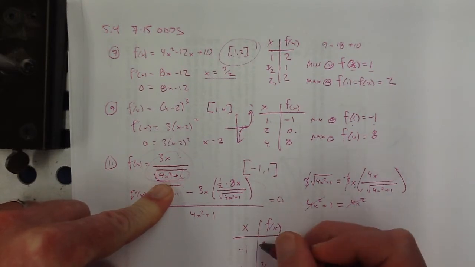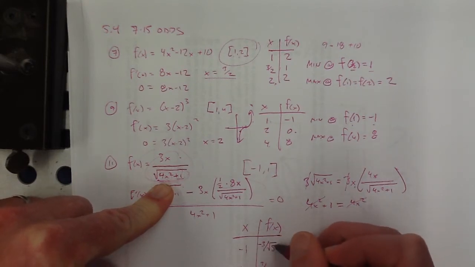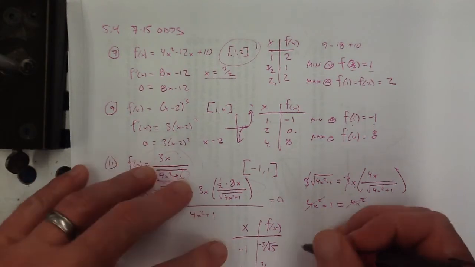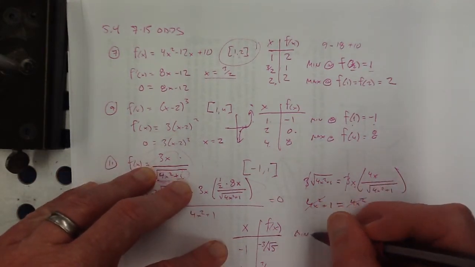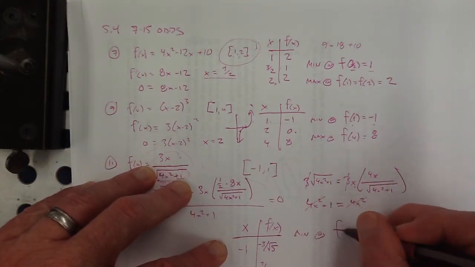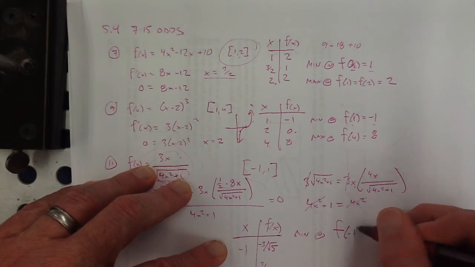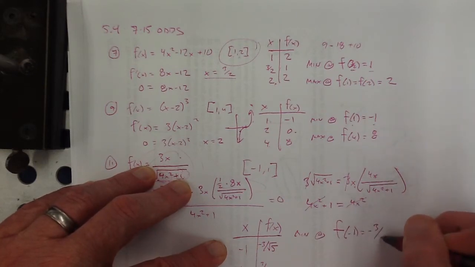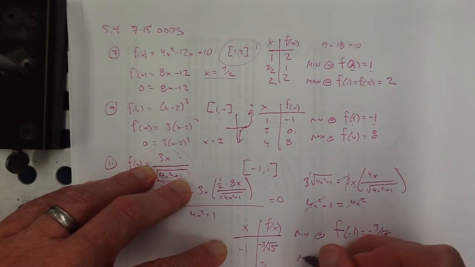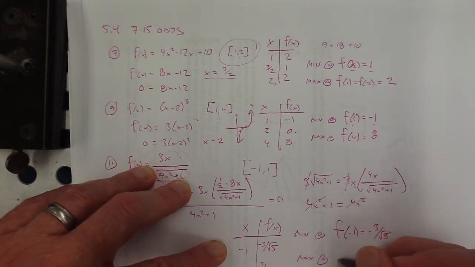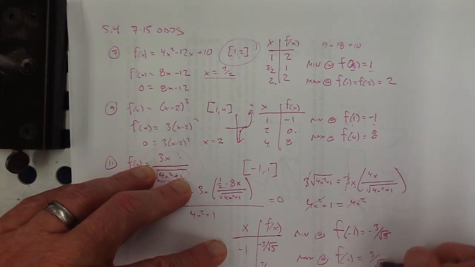And when I plug in -1, I get negative 3 over the square root of 5. So this is a minimum at f of -1 is equal to -3 over root 5, and a maximum at f of 1 is equal to 3 over the square root of 5.